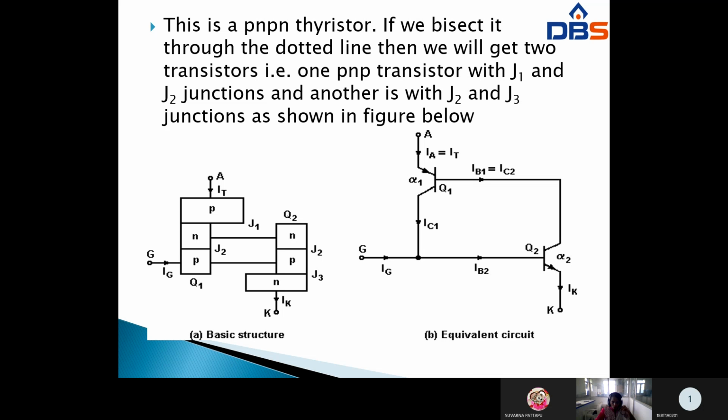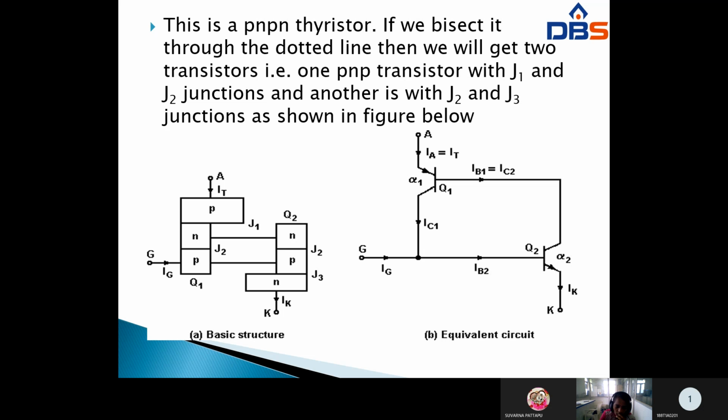If you bisect it through the dotted line, we get two transistors: one PNP transistor with J1 and J2 junctions, and another NPN with J2 and J3 junctions, as shown. So this is the basic structure and this is the equivalent.